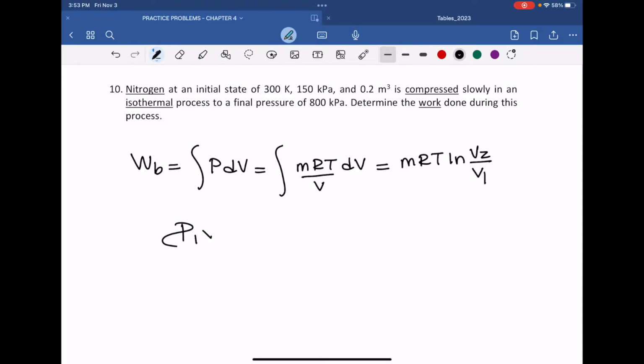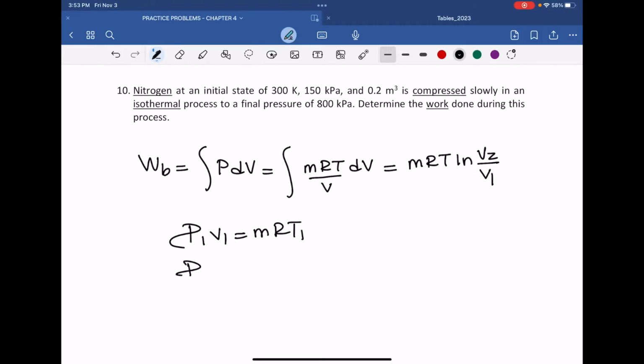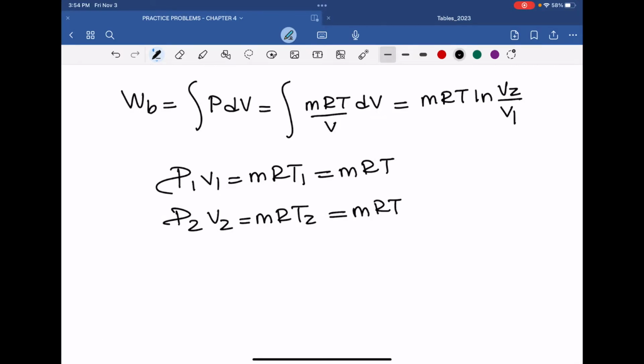So remember, P1 V1 is MRT1. I can write it for the first state and the second state, but since the temperature is constant, these are both equal to MRT. So I can replace MRT with P1 V1 or P2 V2, but properties for state 1 are more comprehensively given to us, and therefore I will just use that.